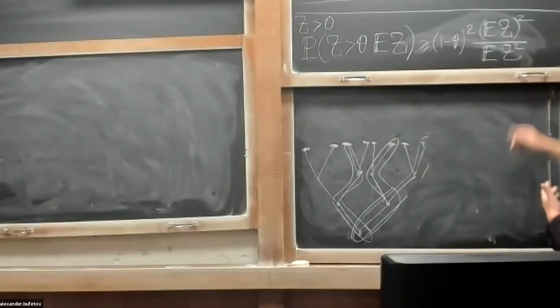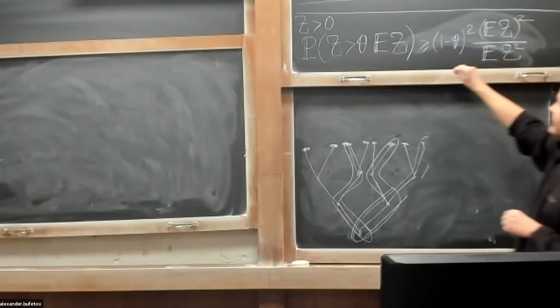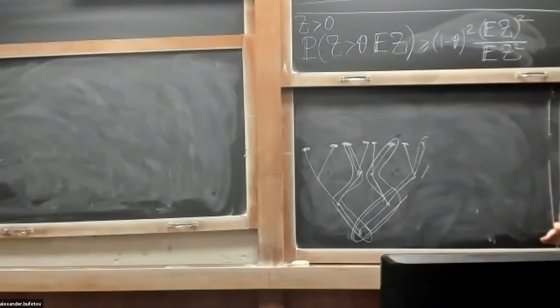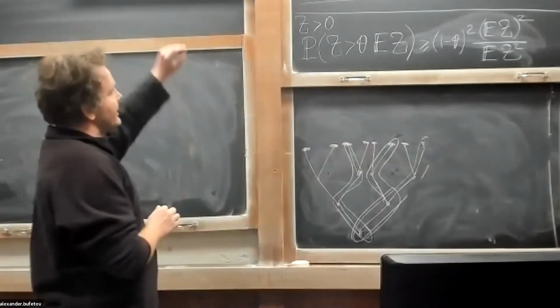If it's very probably too small, then in order to reach the expectation, it must be somewhere too large, and then the expectation of the square will be significantly bigger than the square of the expectation. This is the idea behind the Paley-Zygmund inequality, and we can see that the proof is two lines using the Cauchy-Bunyakovsky-Schwarz inequality.